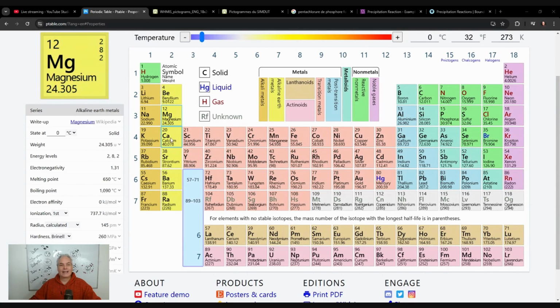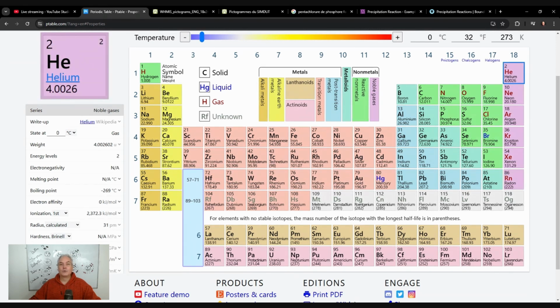Now, if you look at calcium right here, calcium has the number 20. That's the atomic number. The atomic number is the number of protons in the nucleus, and that's the identity of an element and of atoms of that same element. So hydrogen has an atomic number of 1 because it has 1 proton.